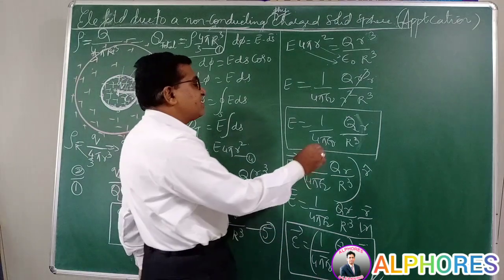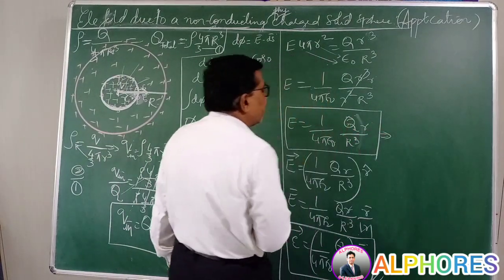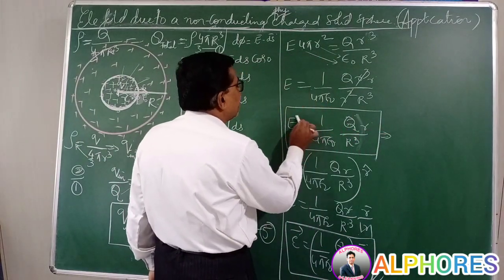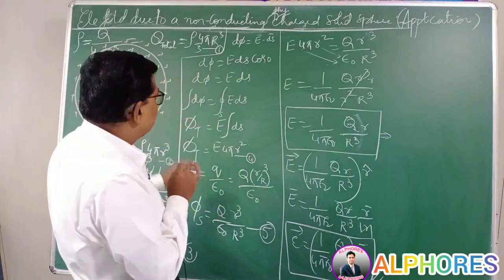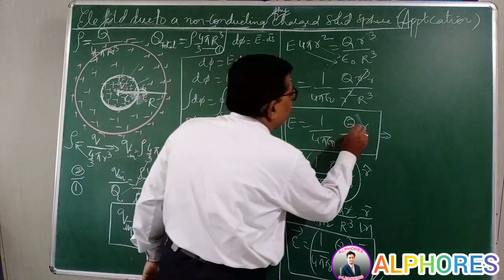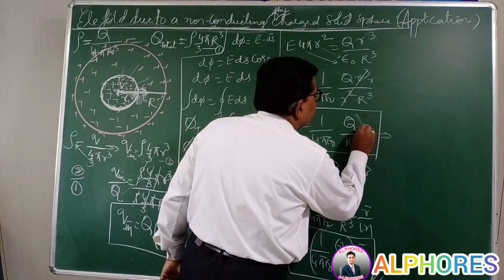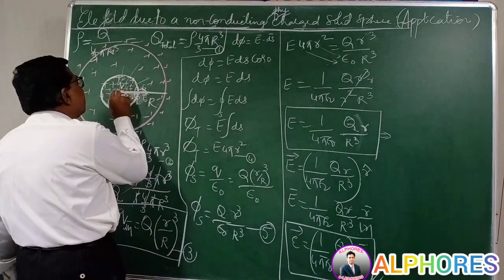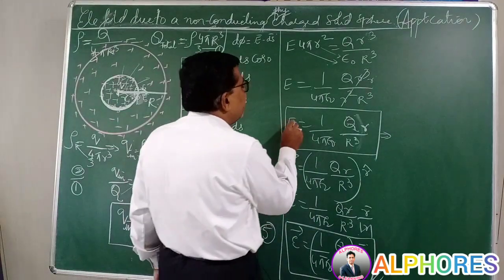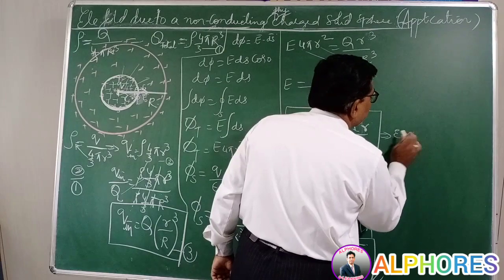Now look at this magnitude. The electric field is directly proportional to the charge enclosed, the charge of the sphere, times the distance of the point from the center, small r. So here E is directly proportional to small r.